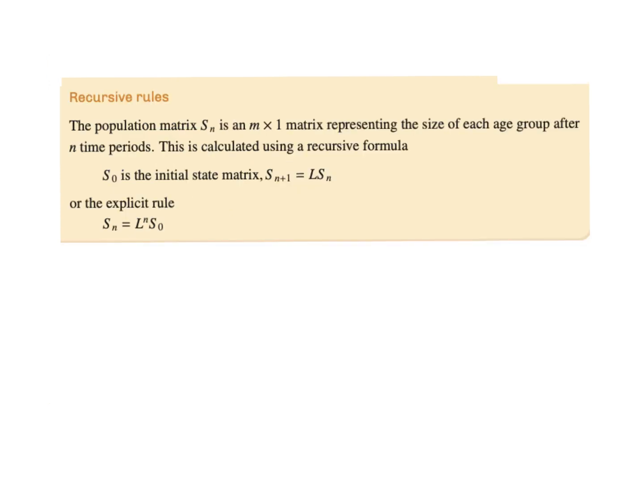The last thing is just summarizing what I said. If you have 5 age groups, you're going to have a 5 by 5 matrix. If you want to write a little note here, what that means is you can always get the next state by using the one before, well, the Leslie matrix times the state before.